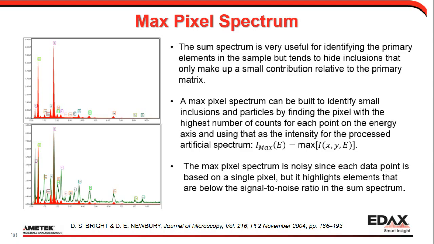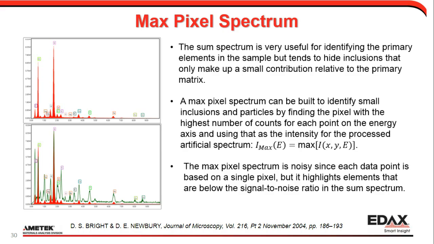In the picture below, the green outline is the maximum pixel spectrum overlaid on the sum spectrum in red. You can see the maximum pixel spectrum is noisy because each data point is based on a single pixel, but it highlights elements that are below the signal-to-noise ratio in the sum spectrum.